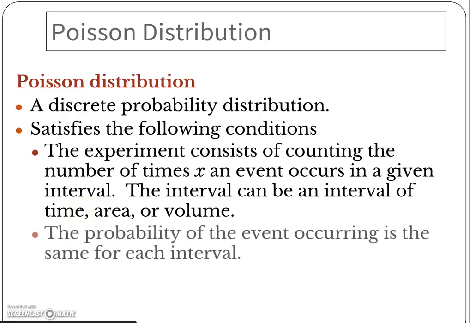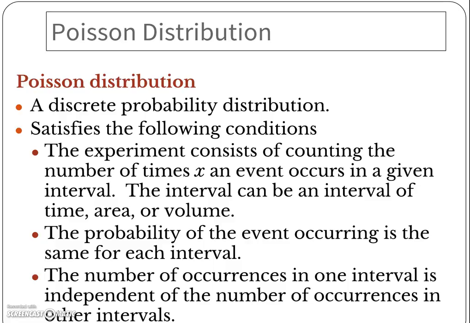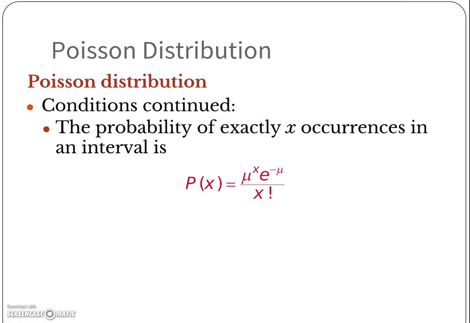The probability of the event occurring is the same for each interval, and the number of occurrences in one interval is independent of the number of occurrences in other intervals. The conditions continued would be that the probability of exactly X occurrences in the interval is P of X equals the mean, mu, to the X power, and that would be your given, times e, that's your natural number.